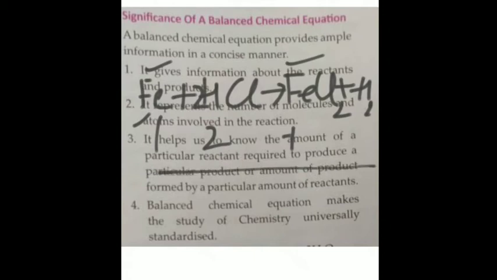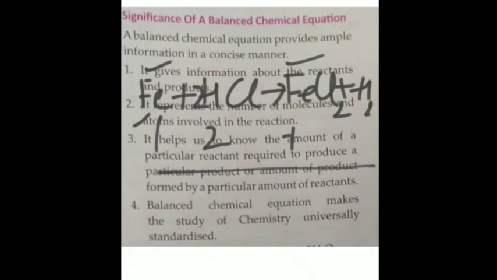So you can see this. A balanced chemical equation makes the study of chemistry universally standardized. We know that when this reaction takes place, how many atoms of iron will react with hydrochloric acid, and how many ferrous chloride molecules will be formed, and how many hydrogen molecules will be formed.